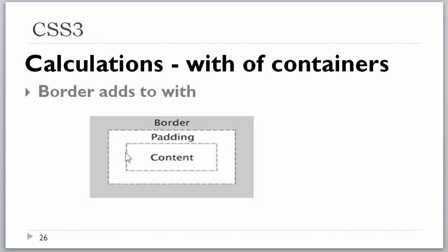And then if we have a border, that might even be 5 pixels, now we've just added 10 more. So in traditional CSS, borders and padding are actually added to the width. So when it comes to page layout, this needs to be taken into consideration.